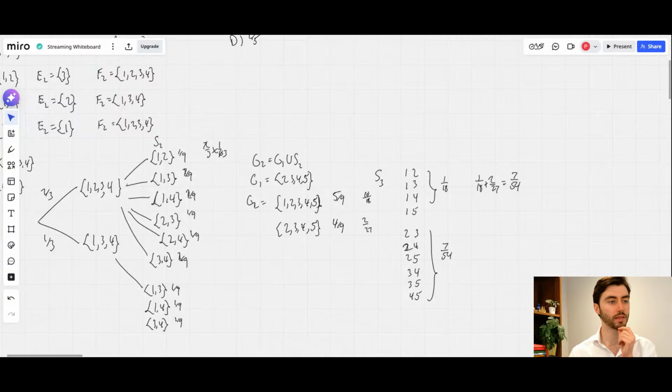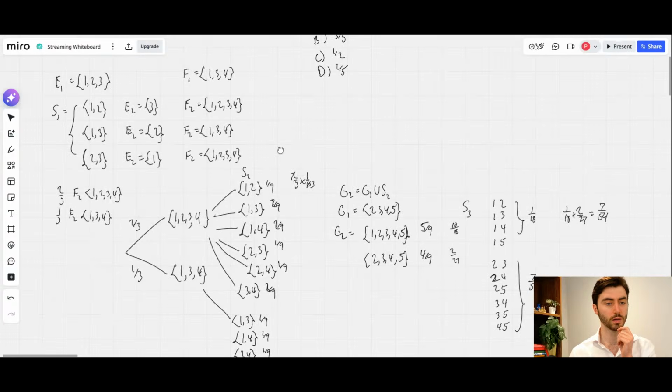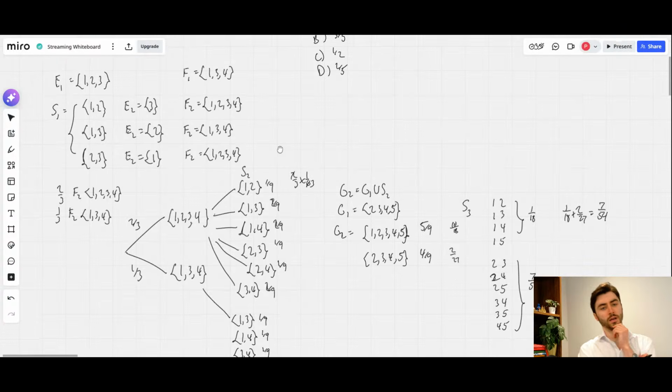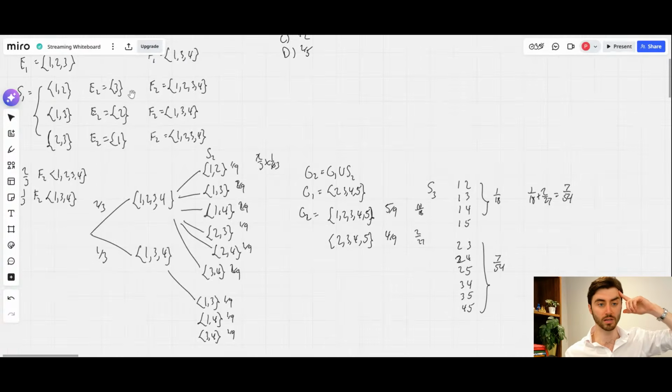What's the probability that it came through S1 being 1, 2? Well, hold on a minute. If that is true, then it's sort of the probability that we have to tack on E2 is 3.